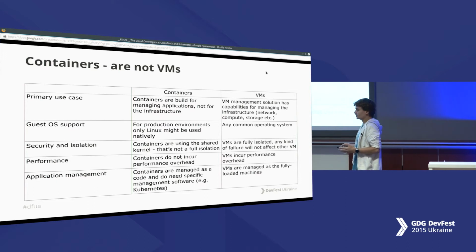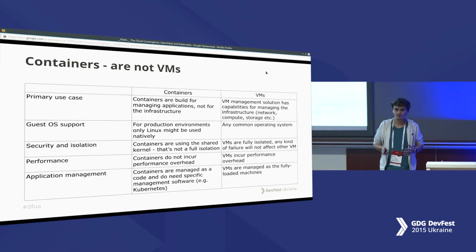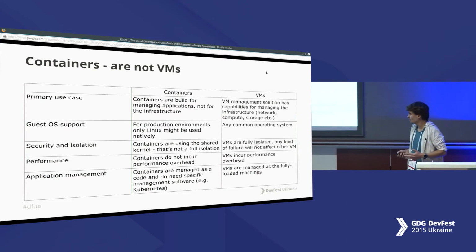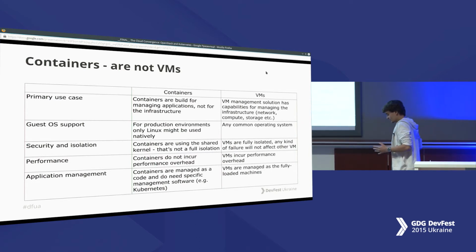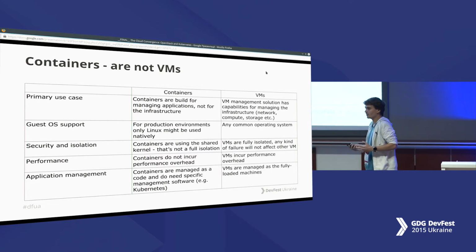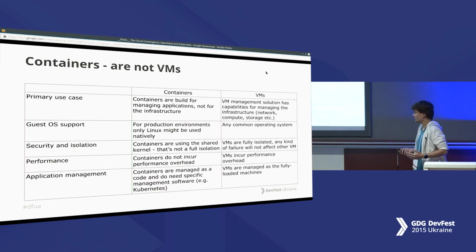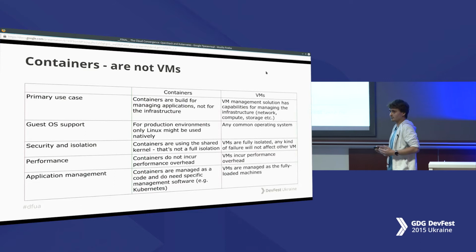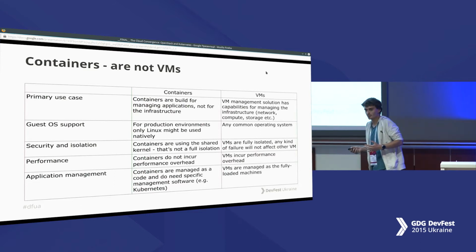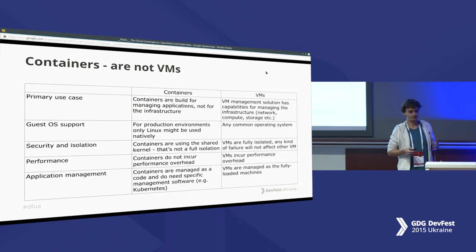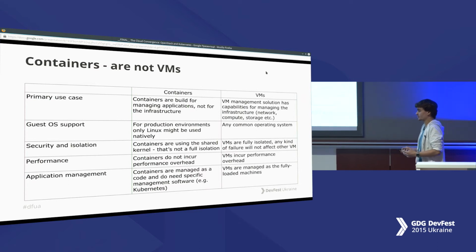Another great benefit of containers as a solution for managing applications is that you may manage containers as an application. You may write some code, and this code will manage your containers.